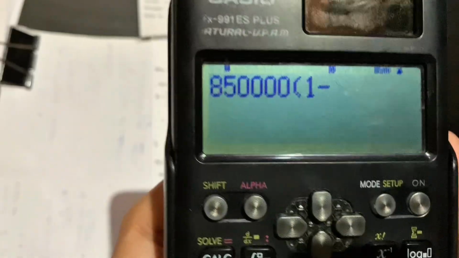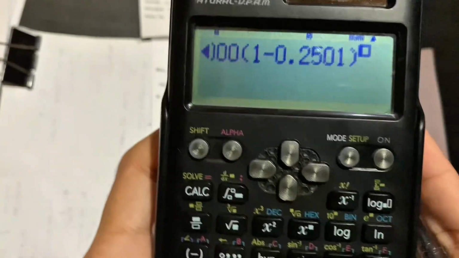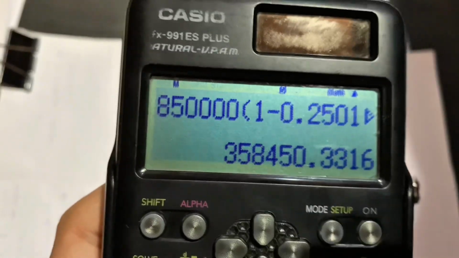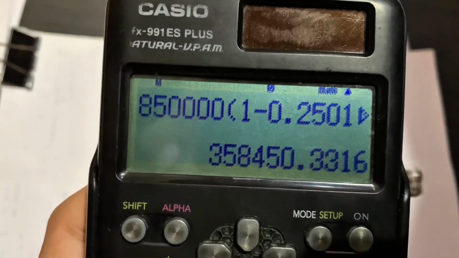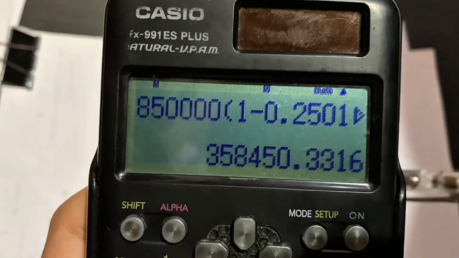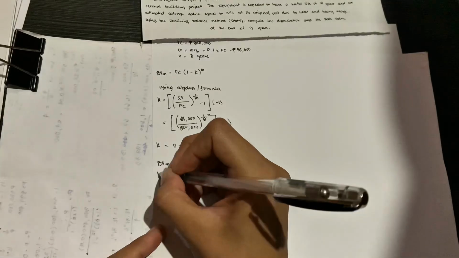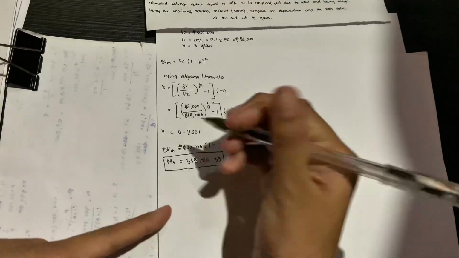One minus 0.2501, we have 358,450.33. That's our book value after 3 years.